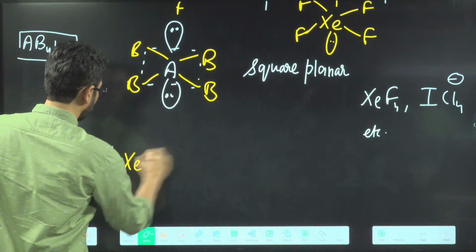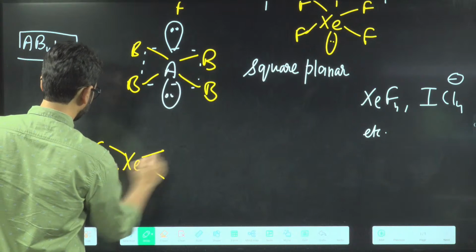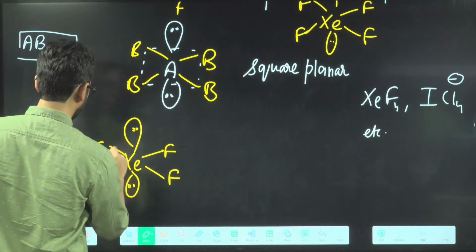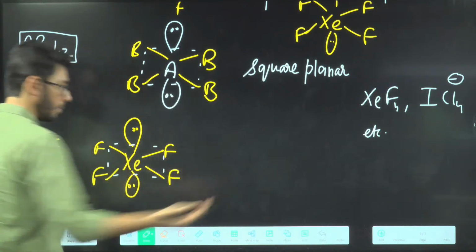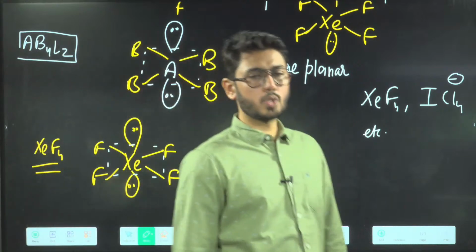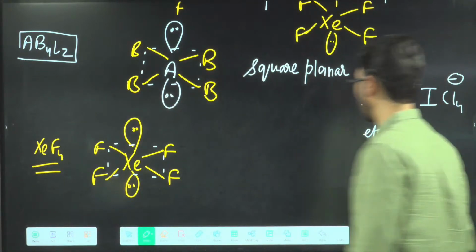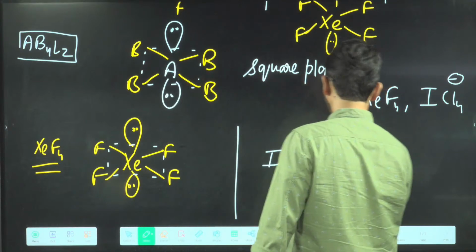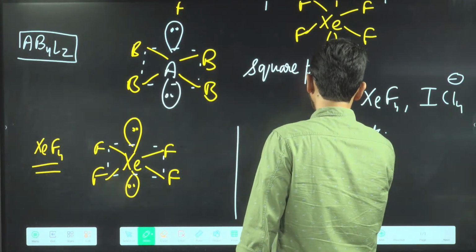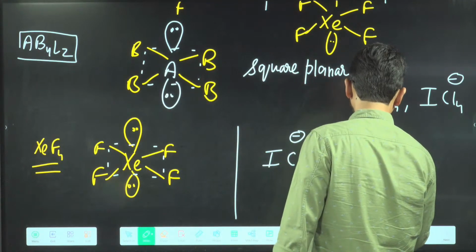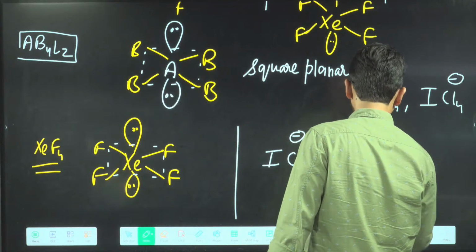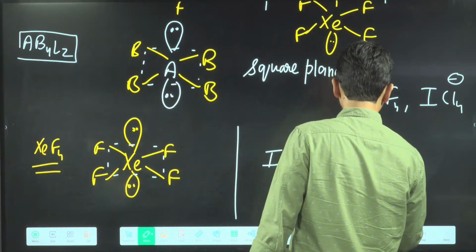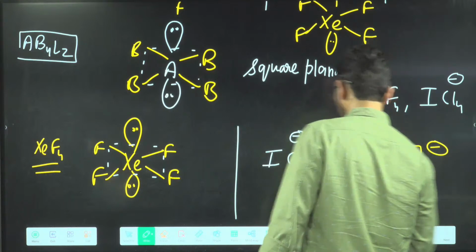So xenon with 4 fluorines in this manner and 2 lone pairs like this gives square planar geometry. Square planar shape, but electronic geometry will be octahedral. ICl4-, same case: central atom iodine, 4 electrons with Cl, minus 1 charge, so how many electrons left? 4. So ICl4-: Cl atoms in the plane, square planar, and 2 lone pairs in this manner. Net charge is minus 1.